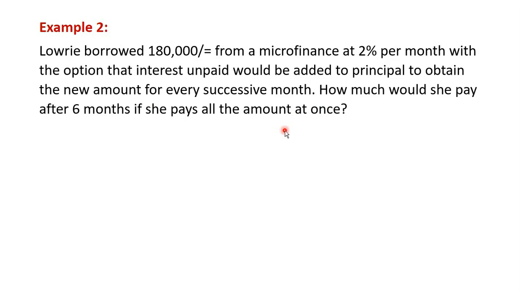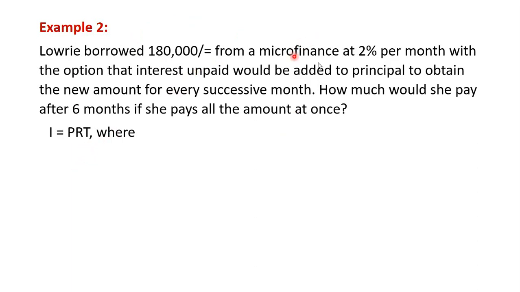So it means that this is dealing with compound interest. So we shall have to calculate the new amount after every month, until we complete the 6 months. Now, let's see how to do this. First of all, we know that interest is given by P times R times T, where of course we know that the principal here is 180,000 shillings.